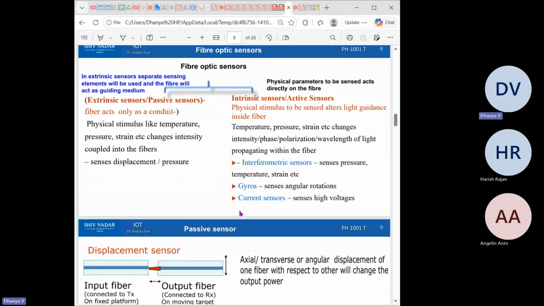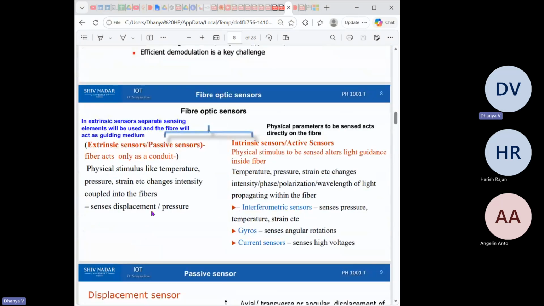Okay, so your fiber optic sensors. You have your extrinsic sensors and your intrinsic sensors. Any physical stimulus like temperature, displacement, pressure sensor, humidity sensor, and all of that comes under your extrinsic sensors, and then your intrinsic sensors.